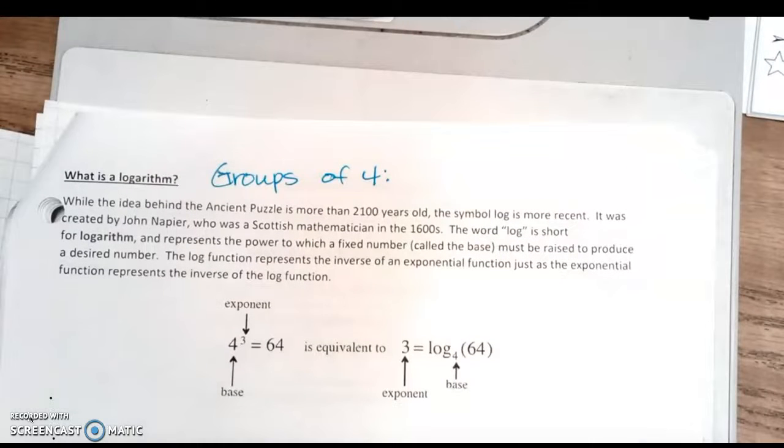And then on page 21, in your groups of 4, you are going to also do this question, which says, what is a logarithm? While the idea behind the ancient puzzle is more than 2,100 years old, the symbol log is more recent. It was created by John Napier, who was a Scottish mathematician in the 1600s.